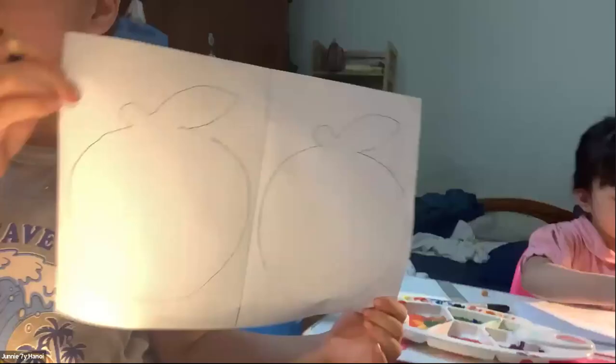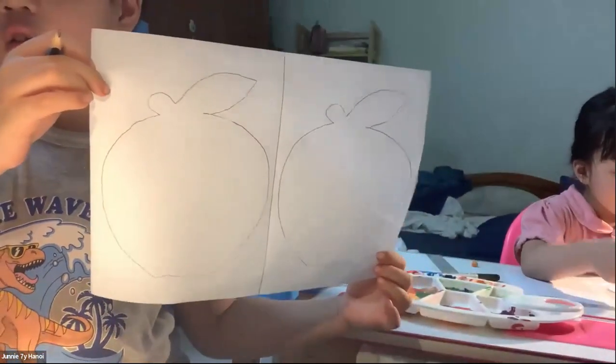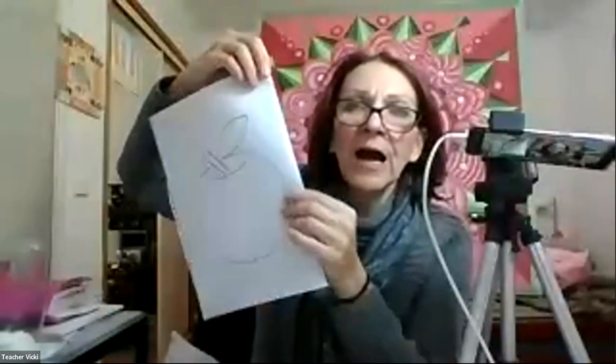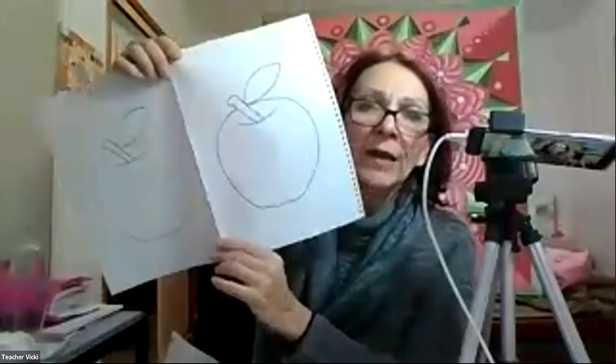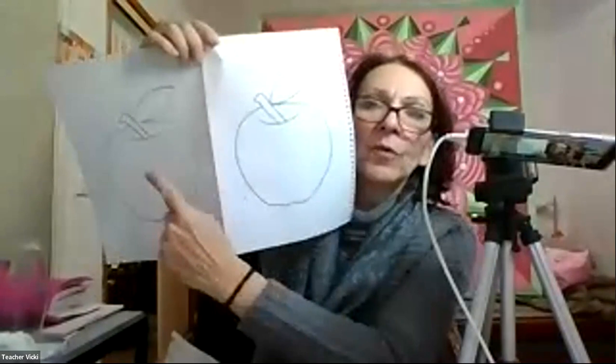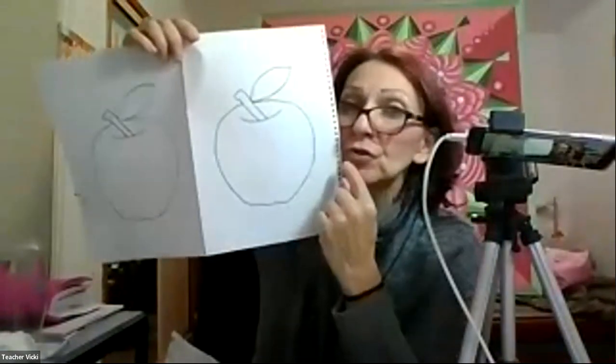I had about 3 fingers from the bottom. I made sure that they were going to be the same height. So I put 1 apple on this side of my page and 1 apple on this side. This is my A3 size page and I folded it in half, right? Now we're going to draw the horizon line.